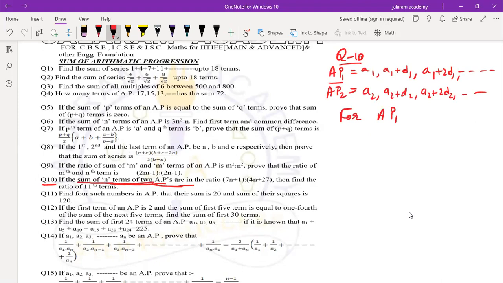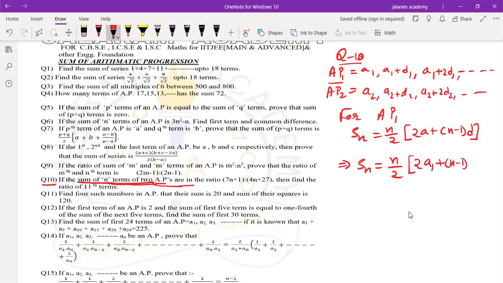What is the formula for the sum of n terms of an AP? It is n by 2 into 2a plus n minus 1 into d. So for AP1, the sum of n terms will be n by 2, as the number of terms remains the same, into 2 times the first term a1 plus n minus 1 into the common difference d1.